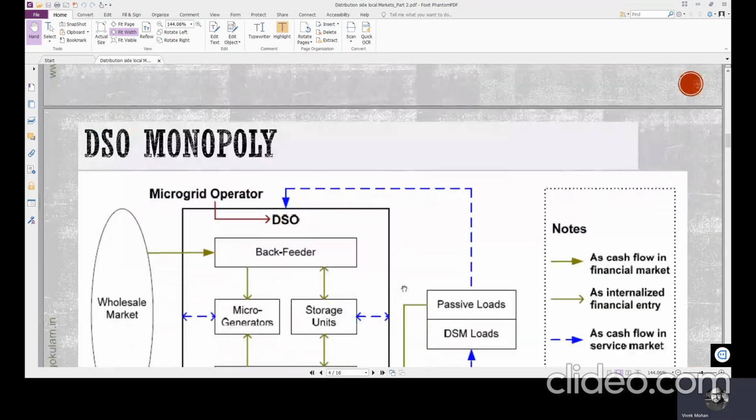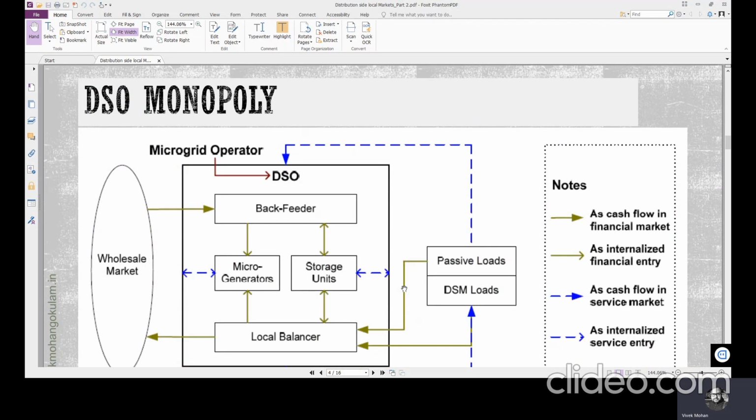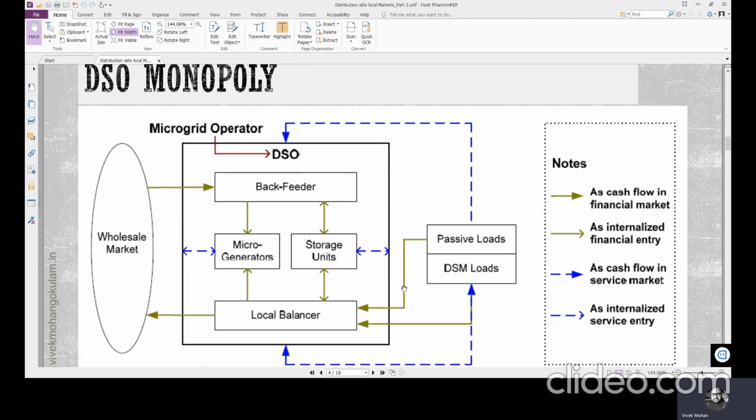Now we will move on to different frameworks of microgrid markets, or market frameworks inside the microgrid. The first one is a DSO monopoly model.